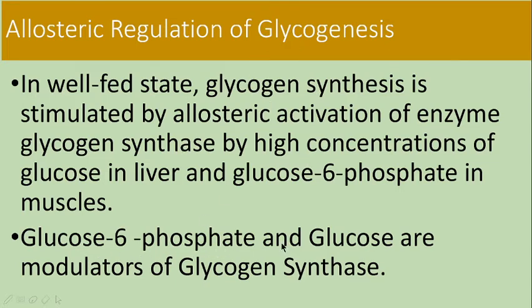Glucose 6-phosphate and glucose are therefore called stimulators or modulators of this enzyme glycogen synthase. So this is how the allosteric control of glycogenesis is regulated.